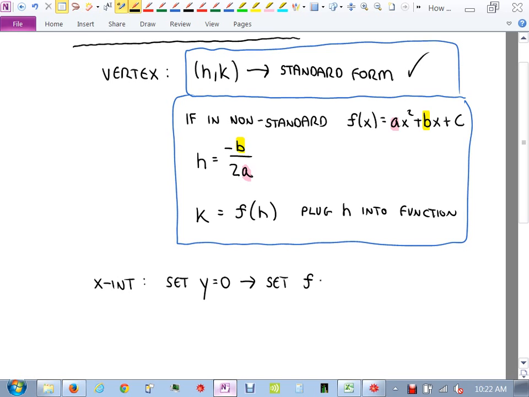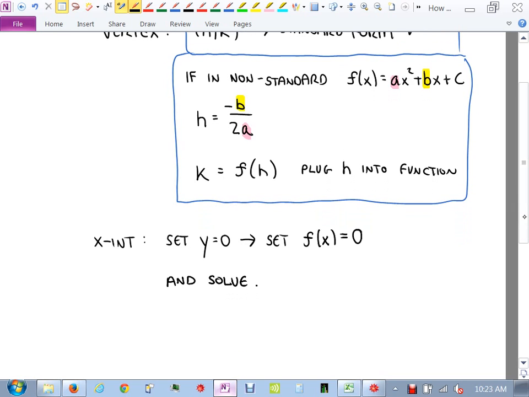So what we really mean is set f of x equal to 0. So you set the function to 0 and then you solve. When we solve that equation, it's probably going to require that you either factor or use the quadratic formula, but we'll have a way of getting it.